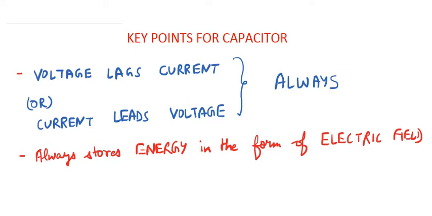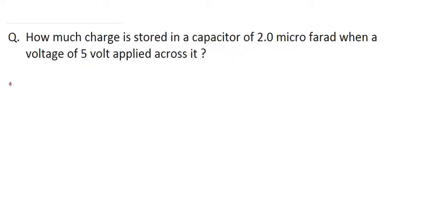Now come to the question. The question is how much charge is stored in a capacitor of 2.0 microfarad when a voltage of 5 volt is applied across it. Given is capacitance of 2 microfarad and the voltage is 5 volt.